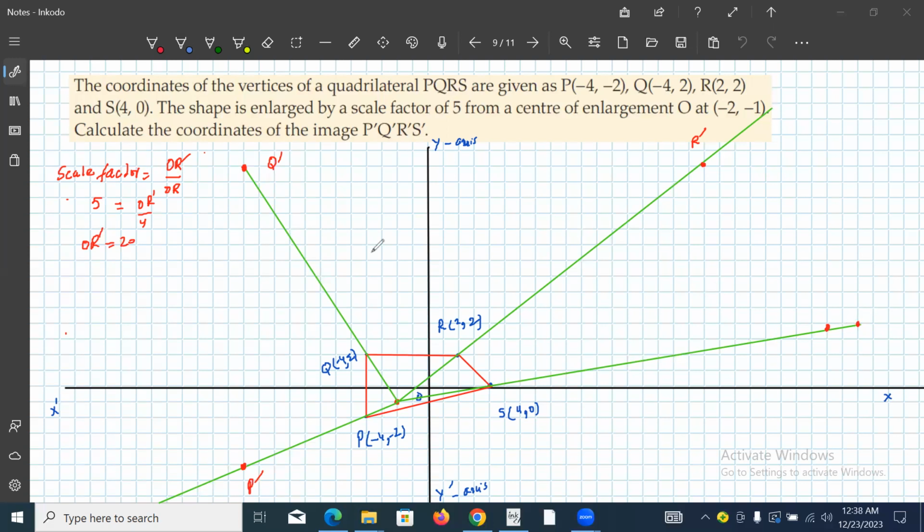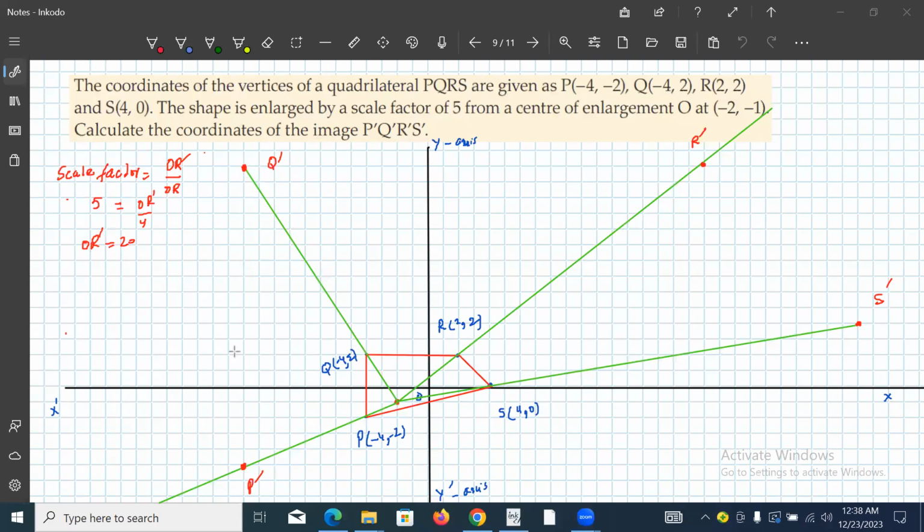This point represents S dash. And now after this, you just connect all of these with the help of a scale.